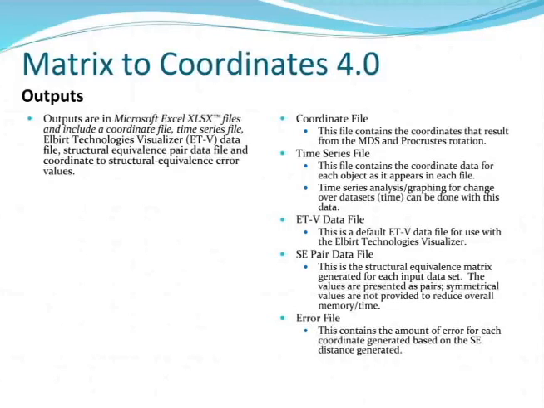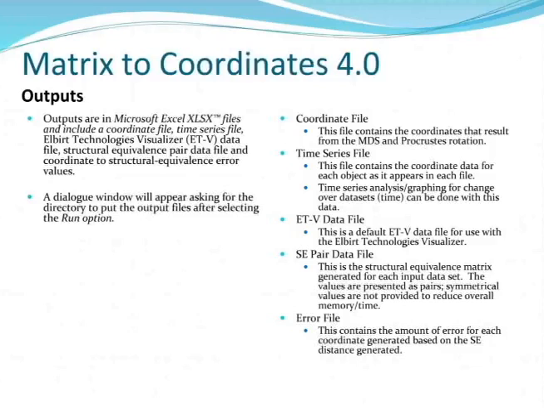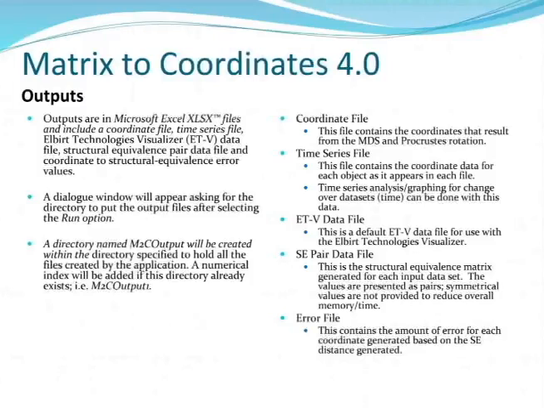What I do is I use coordinate data and I compare it to the SE matrix to determine the difference in the final distances. So if the distance between two objects is 5 units in the coordinates, but it's supposed to be 5.8 units in the actual structural equivalence matrix, you have a 0.8 error rate.